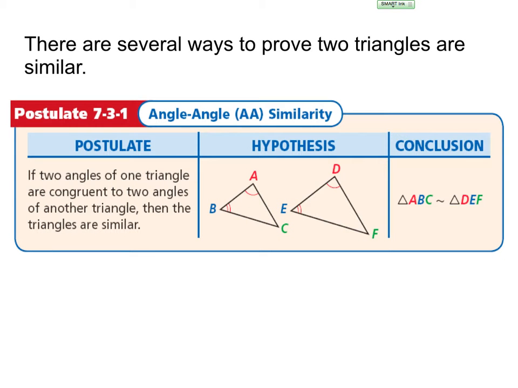So angle-angle similarity, as far as your notes and your drawings to go with it. The wording on angle-angle similarity is: if two angles of one triangle are congruent to two angles of another triangle, then the triangles are similar. They will be the same shape, not necessarily the same size, but if you check the sides, they would be in proportion.